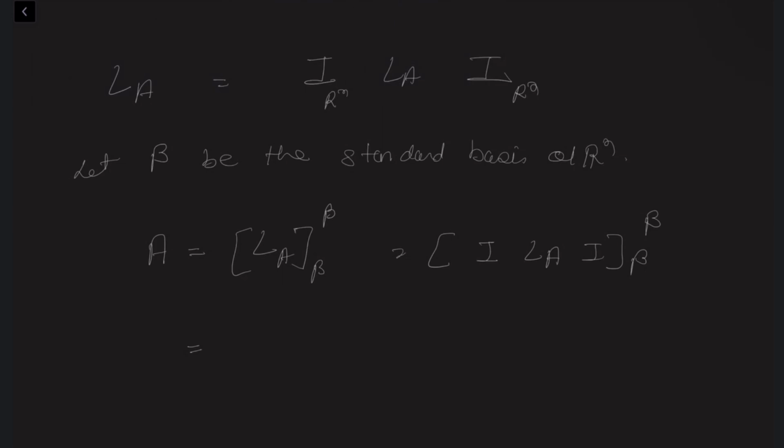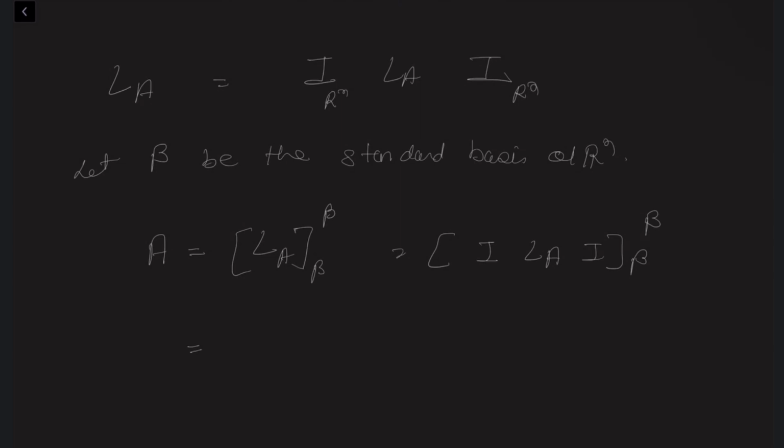So what does it say? Let's say I have a linear transformation T, and I make a matrix with respect to the basis beta. So I took the linear transformation and the basis beta, and with these two I can create a matrix. Similarly, if I take a different basis, I'll get a different matrix.